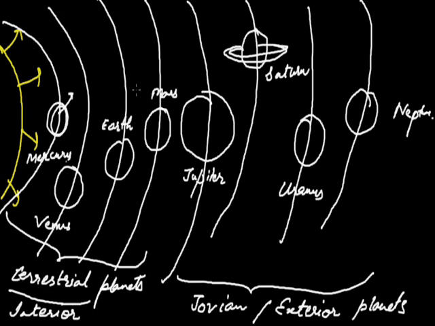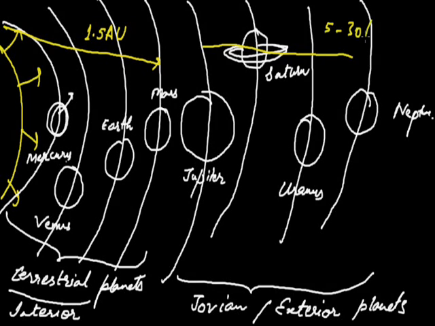The initial 4 planets have a few common properties and the exterior 4 planets have common properties. First thing, we have studied the astronomical unit, and we should know that from the center of the Sun, the distance up to Mars is about 1.5 astronomical units. But from Jupiter onwards, this distance goes from 5 to 30 astronomical units.